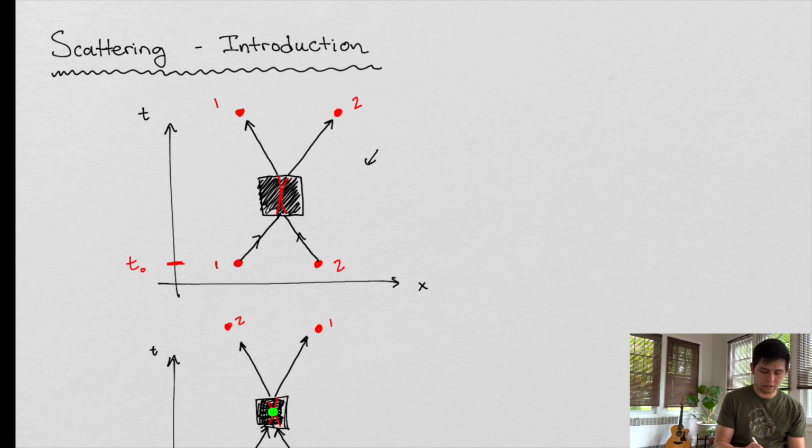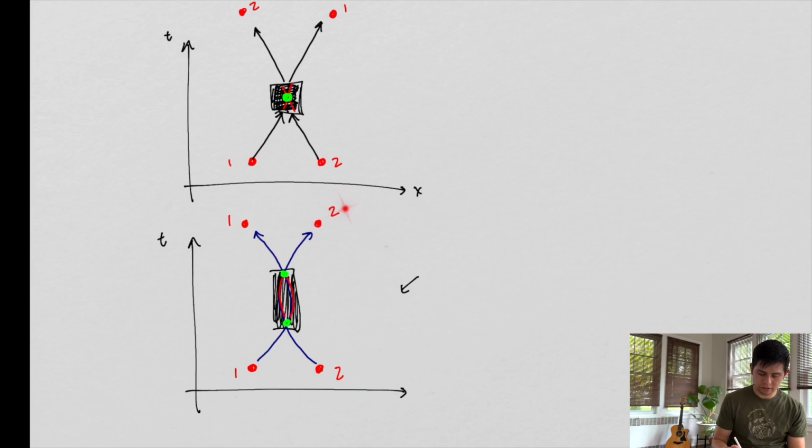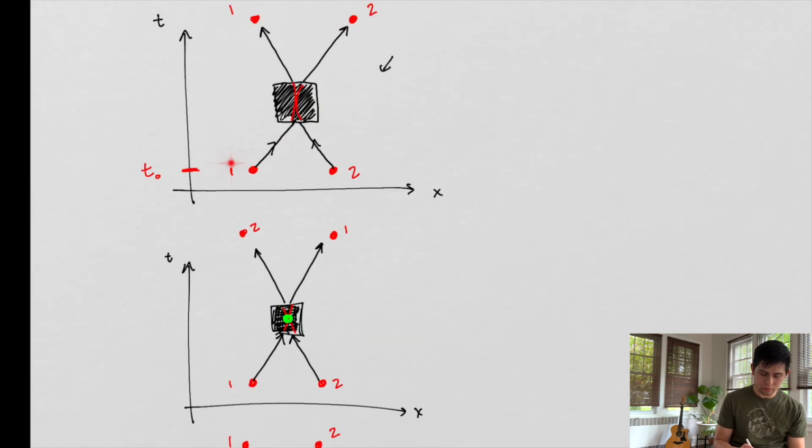One similarity is that we have 2 over here, 1 over here. We start off with 1 here and 2 here, and 1 and 2 here. So the starting and ending points are the same. What happens in the black box, though, are 2 completely different processes.